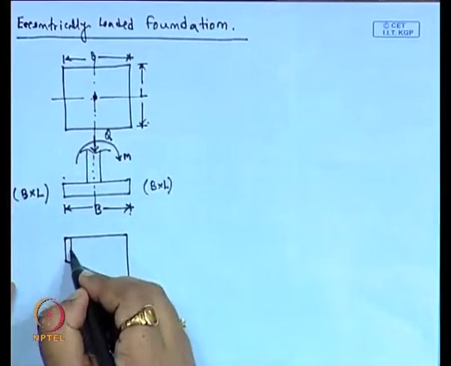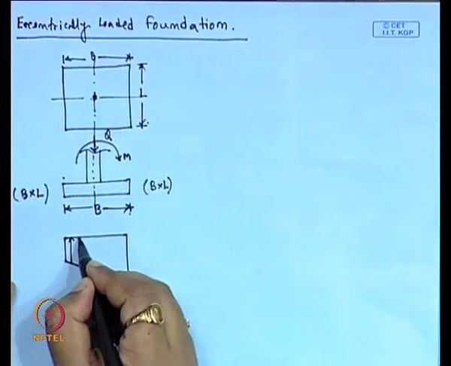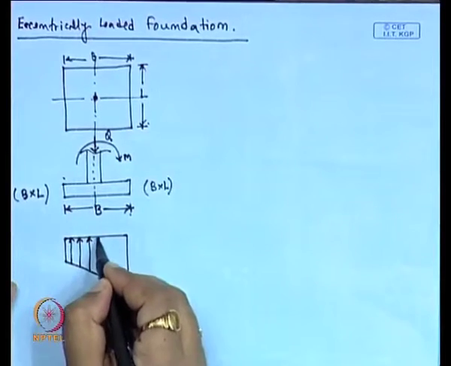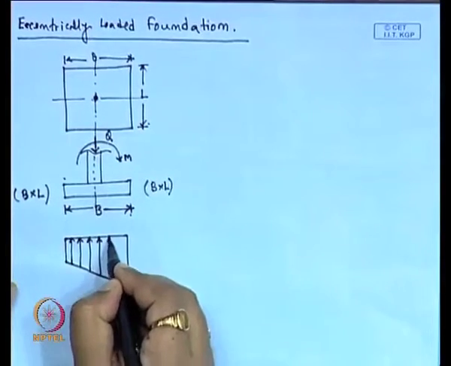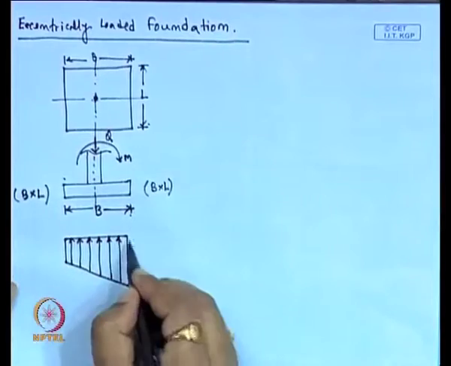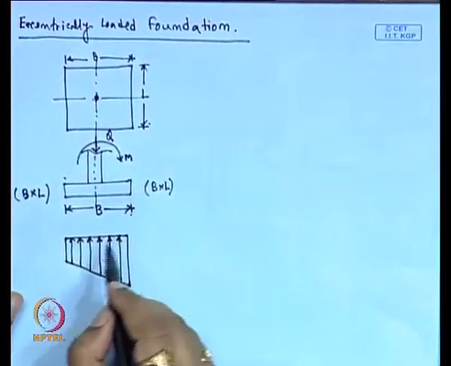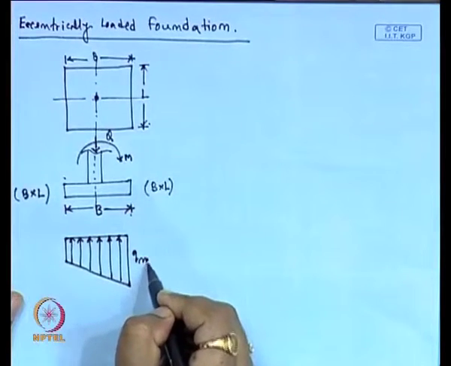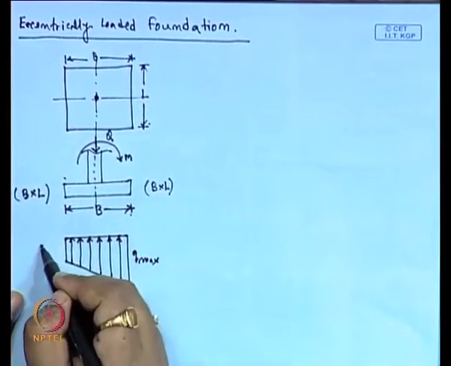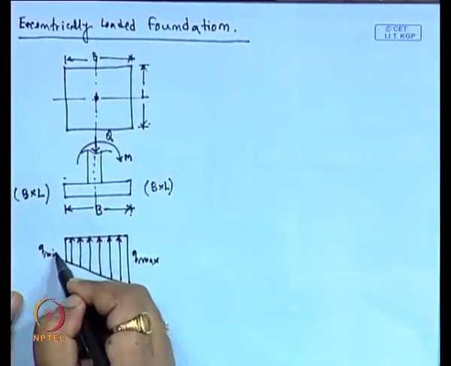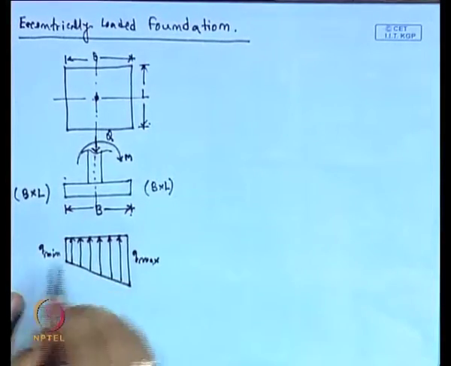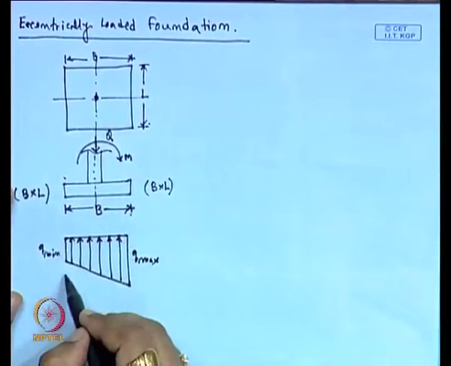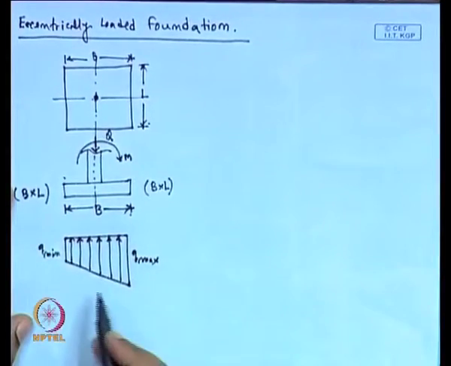This is the reaction of the soil on the foundation. As the moment is applied in this direction, this will give the maximum reaction, that is q max, and this will give the minimum reaction, that is q min.